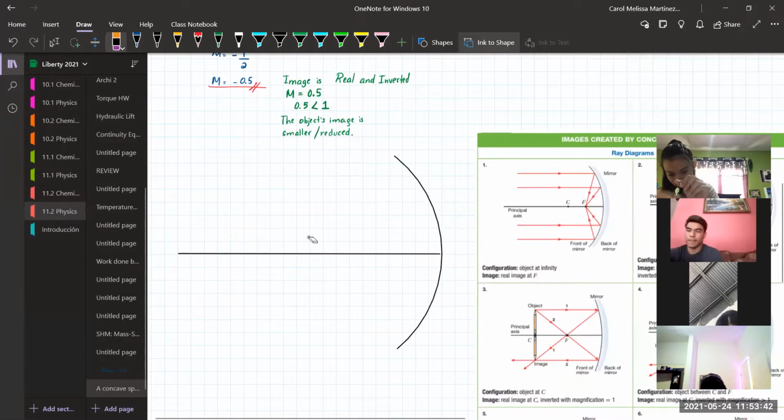Okay, what I did over there is, well, it's the mirror. All I did was the mirror. Remember that these kinds of mirrors are curved, which means that it has a portion of a sphere.